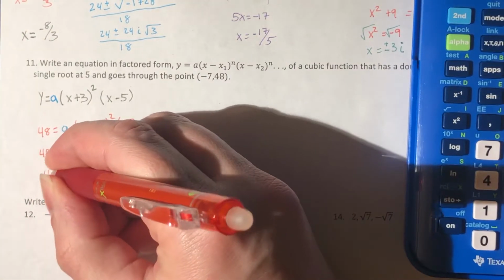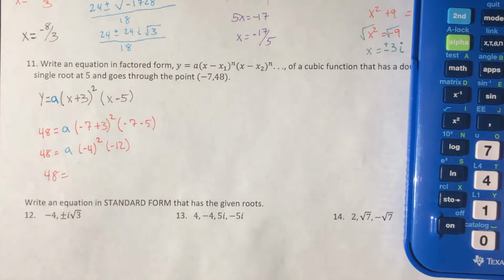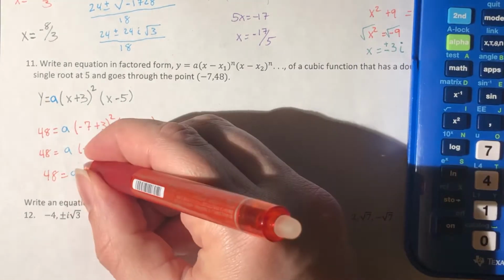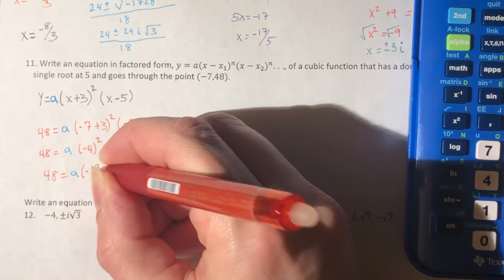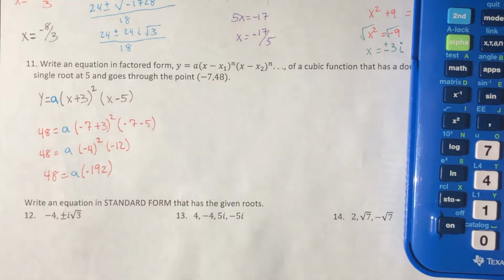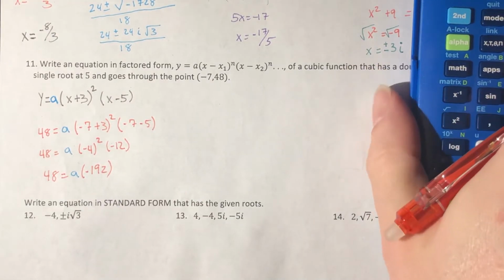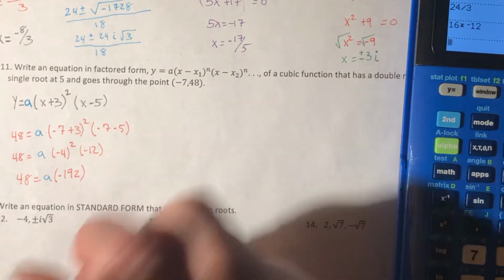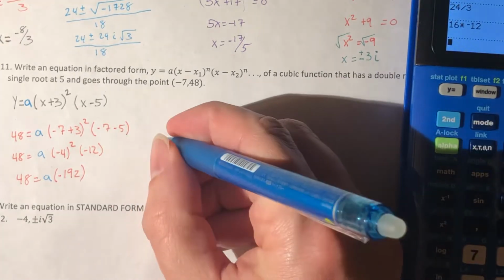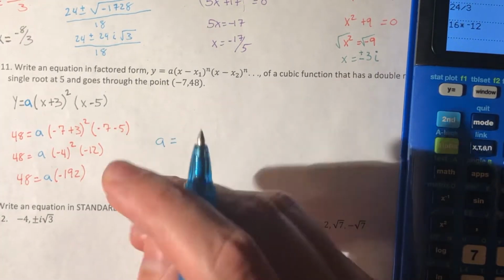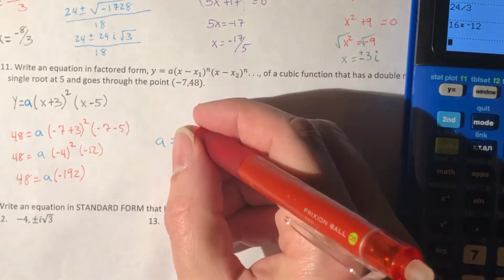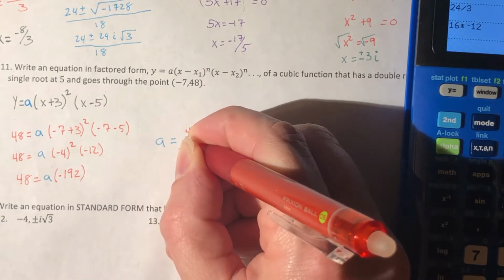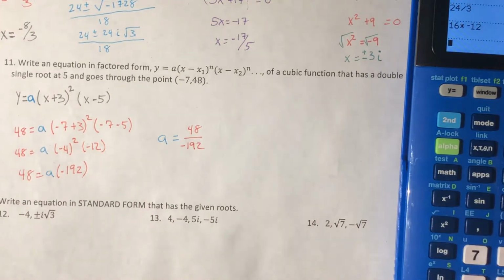So I have 48 equals a times negative 192. So I need to divide both sides by negative 192 so that my a value, a equals 48 divided by negative 192.